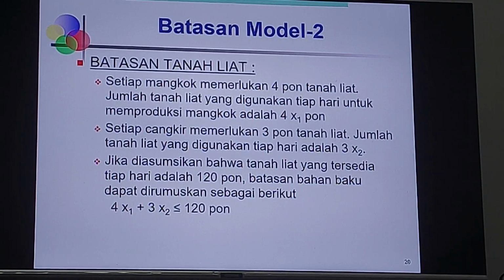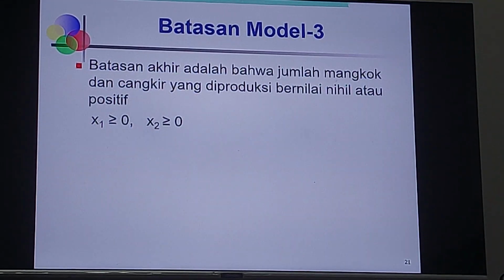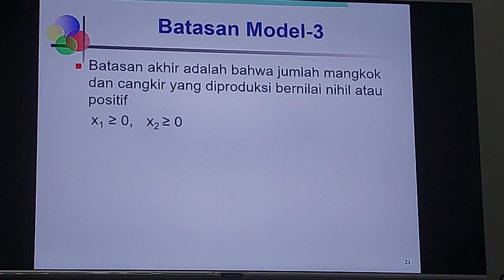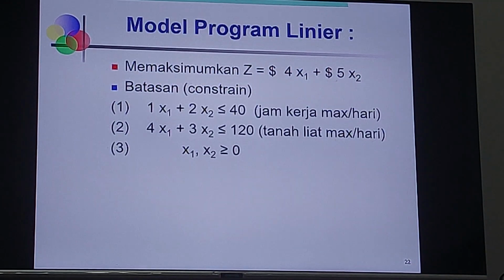Minus 1 million is still less than 120. So you need to add more constraints to make sure that you don't have negatives. Here, x1 and x2 both have to be greater than or equal to 0. So you need to make that.